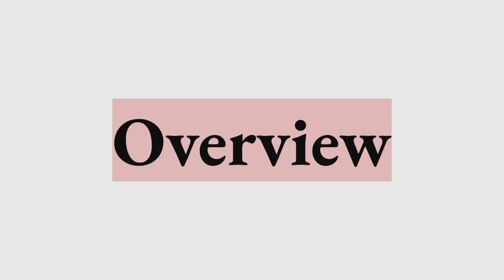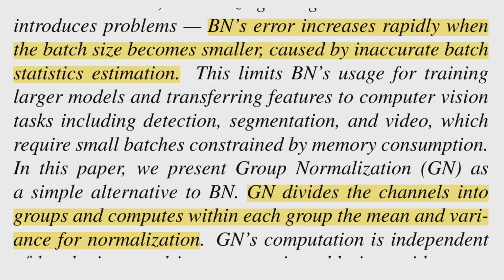All right, so let's look at an overview and look at end-to-end what group normalization is. So this is from the abstract. Batch normalization's error increases rapidly when the batch size becomes smaller, caused by inaccurate batch statistics estimation.